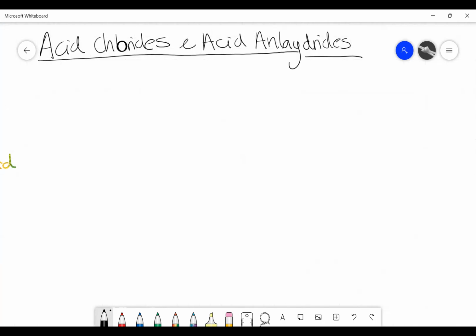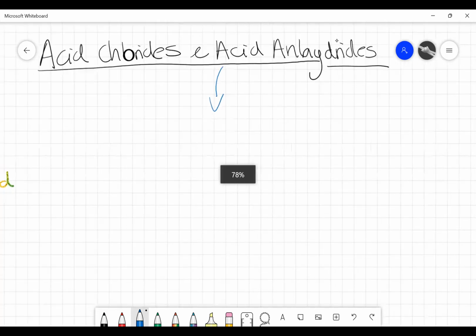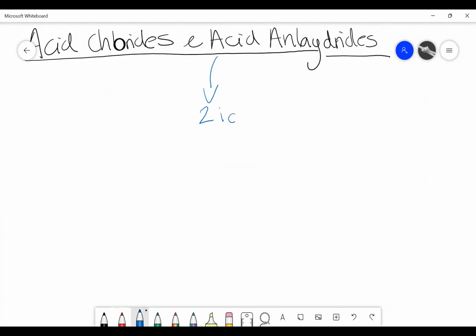So what is an acid anhydride? Well, an acid anhydride is made from two identical carboxylic acids.